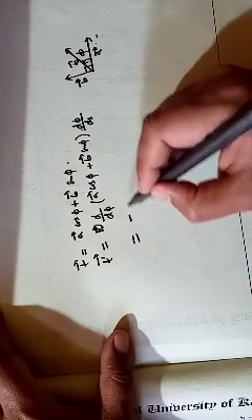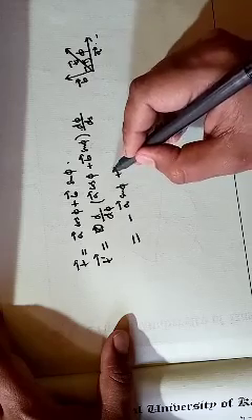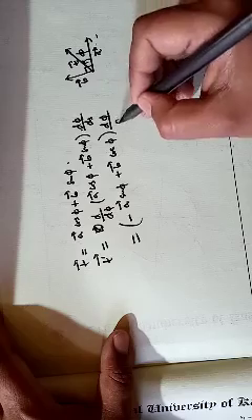That would be minus a sine phi plus b cos phi, multiplied by d phi by ds.